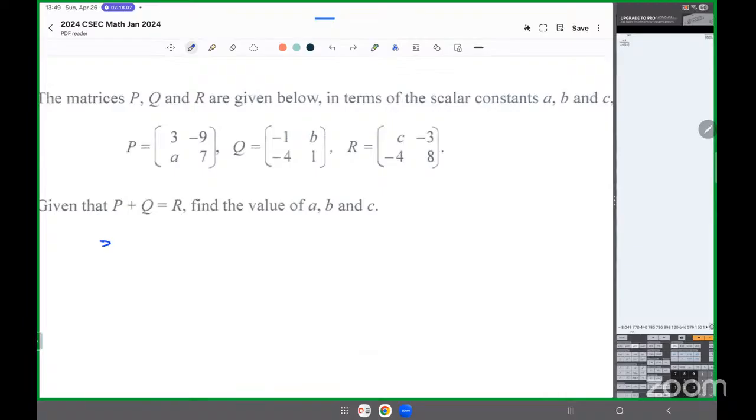We can set 3 plus -1 is equal to C. 3 and -1 is 2. So therefore, C equals 2. That's 1, 2. The next one, this plus this is equal to that. So it's A plus -4 is equal to -4.